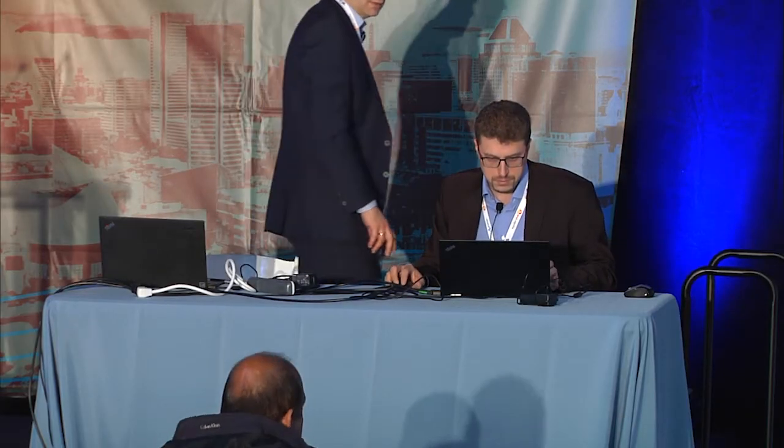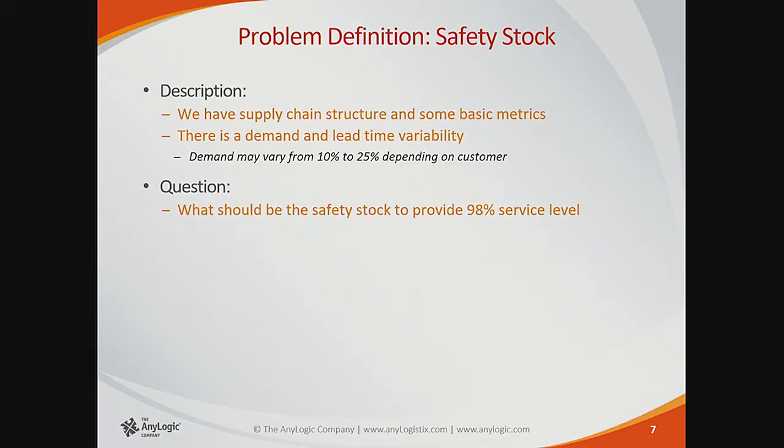So should we switch back to the slides? Next one. Yeah. So that's the next problem definition. Now we are going to estimate safety stock. So again, we have the supply chain structure and have already estimated some basic metrics of how our actual supply chain should operate.